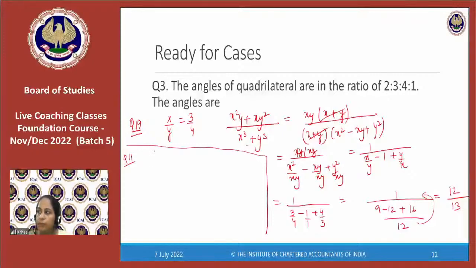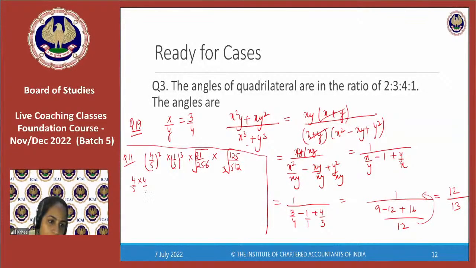The ratio compounded of the duplicate of 4 by 5, triplicate of 1 by 3, subduplicate of 81 by 256, and subtriplicate of 125 by 512. So 4 by 5 into 4 by 5, 1 by 3 into 1 by 3 into 1 by 3. Square root of 81 is 9.